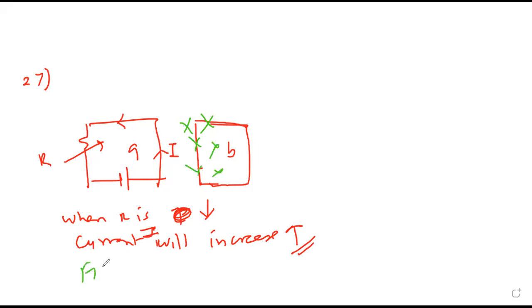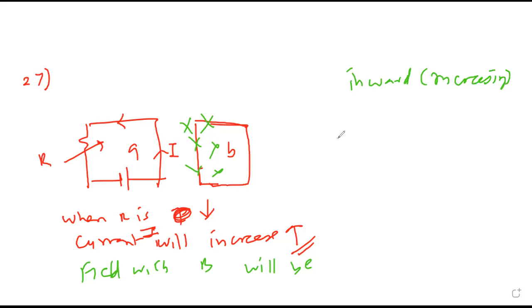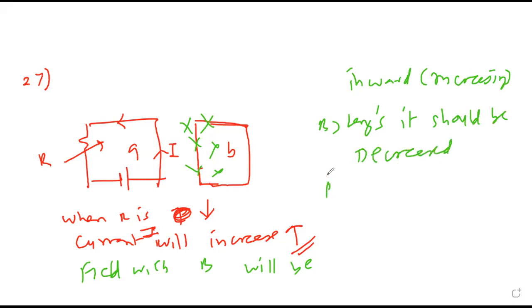So field with B will be inward, increasing or decreasing? Increasing, because current is increasing. So by Lenz's law, it should be decreased, correct? To decrease, we require outward field. That is, field should be outward, okay?